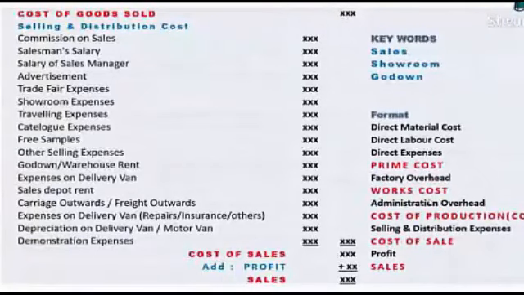If you come across words like sales, showroom, godown, please understand that there are different names for different places. A simple outside example: the place where you attend the lecture is called a classroom. The place where you sit for study is called a library.